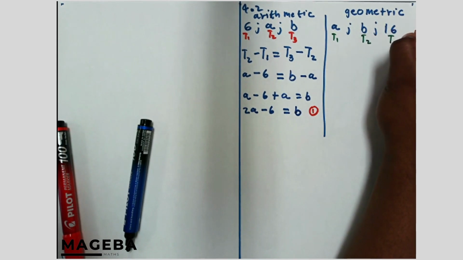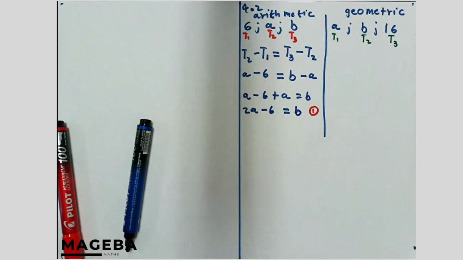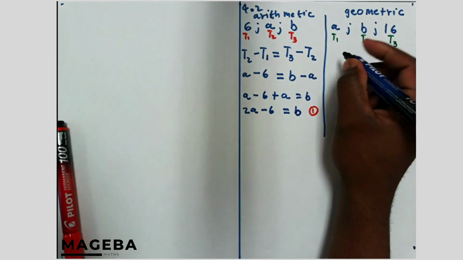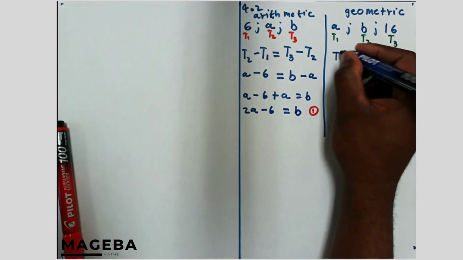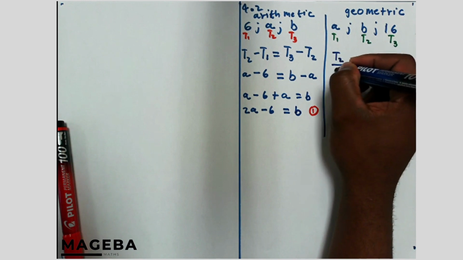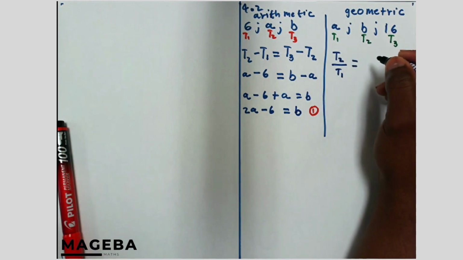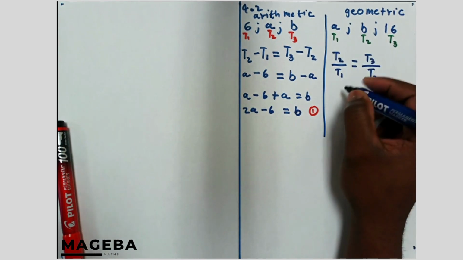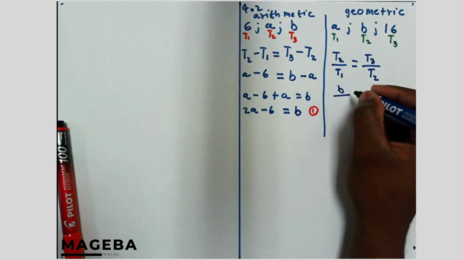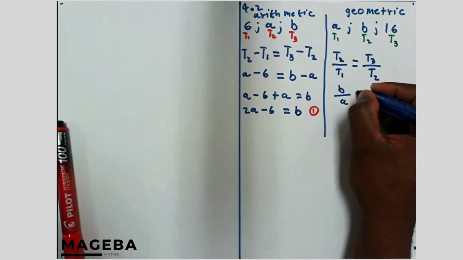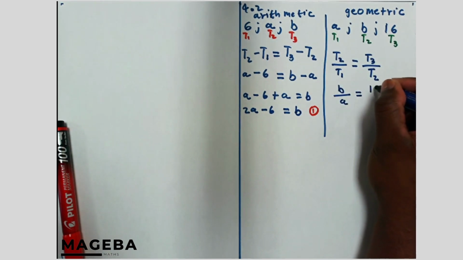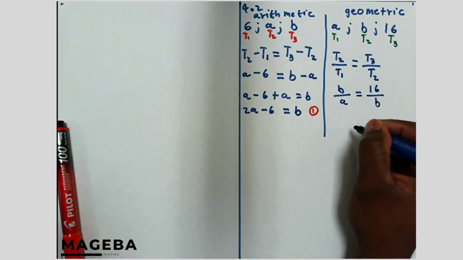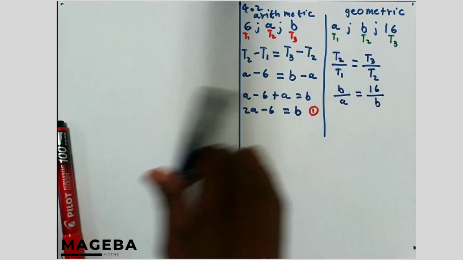Now going to the geometric, this is my T1, this is my T2, and this is my T3. To calculate a geometric, I have to say T2 over T1, the ratio, needs to equal T3 over T2. T2 is B over T1, which is A, equals T3, which is 16, over T2, which is B. And then from here we cross multiply.